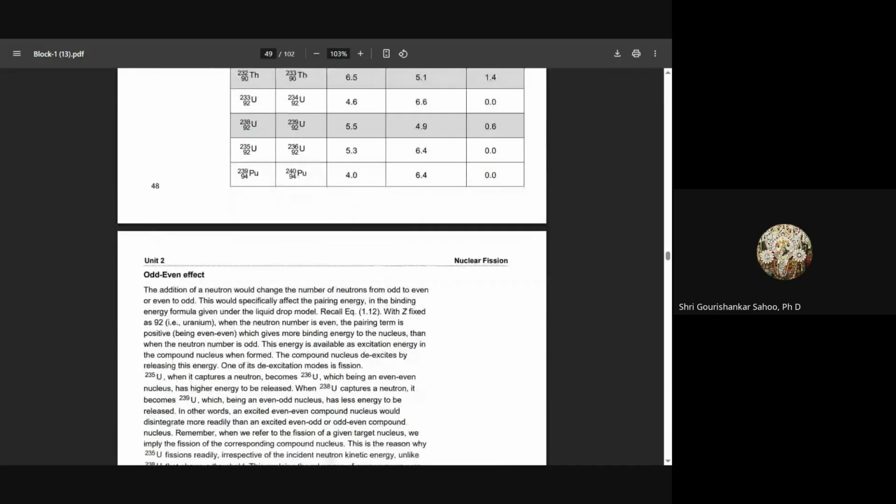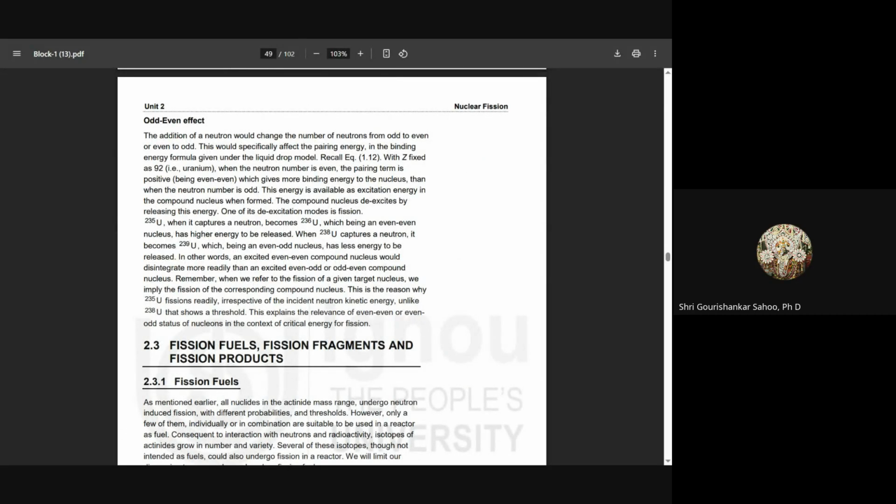So it is an odd to even transition: an odd number of neutrons before, and in the compound nucleus an even number of neutrons. Similarly, in some other reaction there will be an even number of neutrons, and after the neutron is bombarded, there will be an odd number of neutrons.